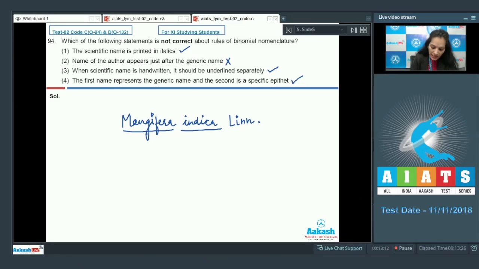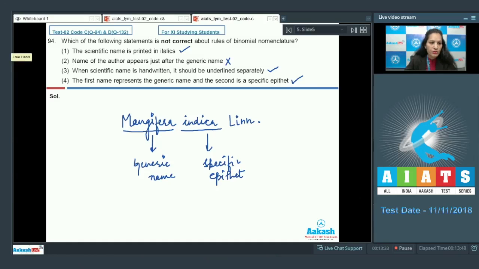This is also correct. As I have said, Mangifera represents the generic name and indica represents the specific epithet. So which statement is not correct? Option number 2. So the correct option for the given question is option number 2. Let's move on to the next question.